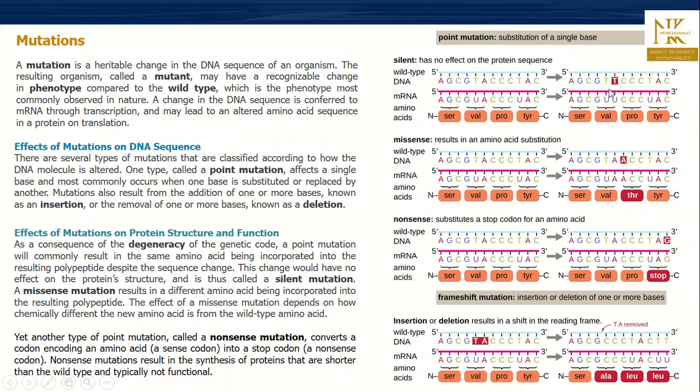No effect, nothing. When you have a missense, it will give you a totally different amino acid. So here you have proline, CCC. Proline here, ACC will give us ACC, which is threonine. So this is another type of amino acid.